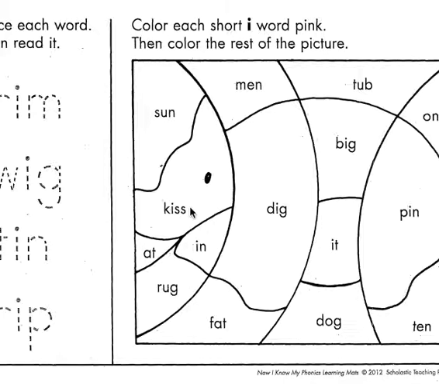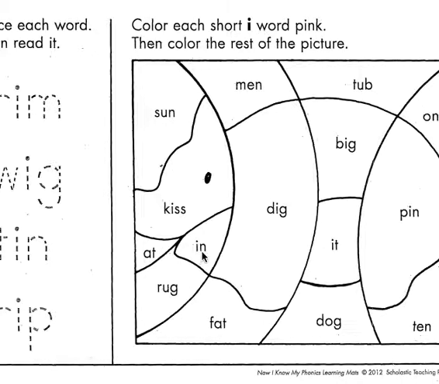So what color crayon should we use if it has a short I sound? Correct. The color is pink. You want to grab a pink crayon. Moving right along, this is the word at. Short I? No. So you're going to color it a different color.